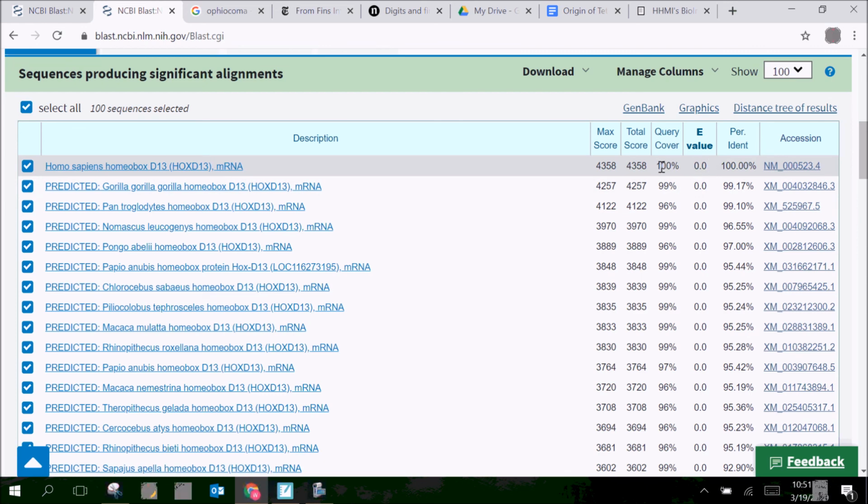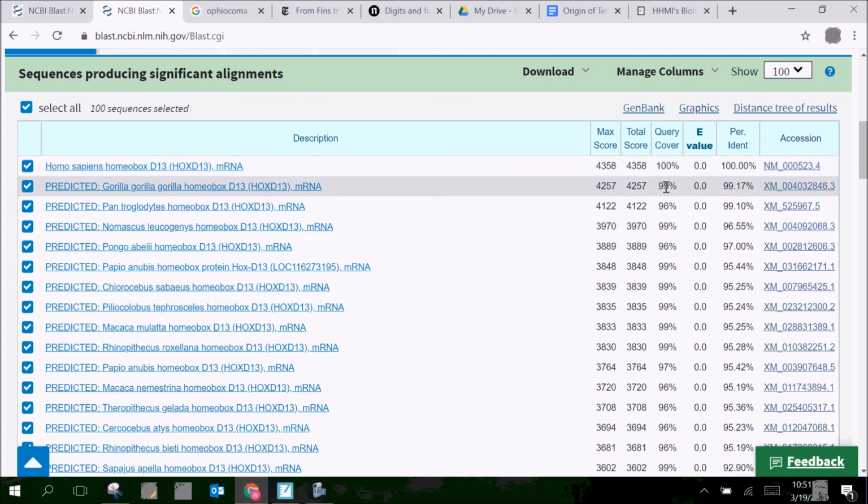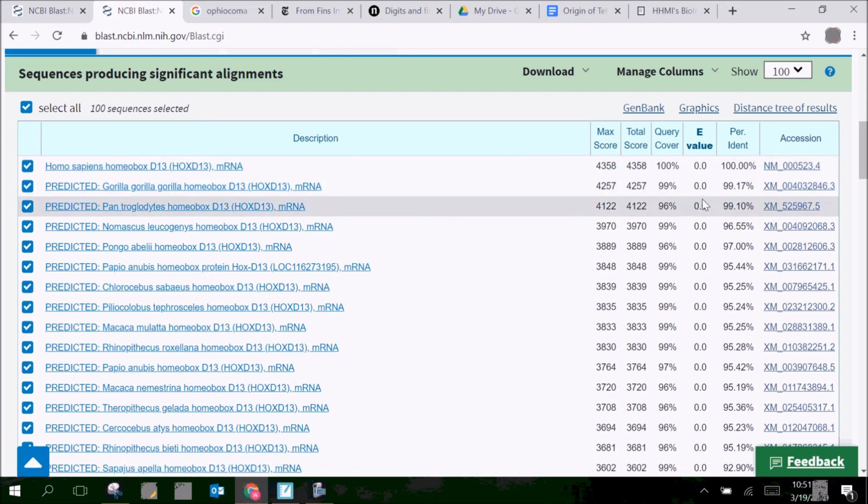So I'm not sure what's going on there, but we can see that the query coverage is really high and the percent identical is really high. So regardless of the e-value, that should tell you, yeah, we're pretty closely related.